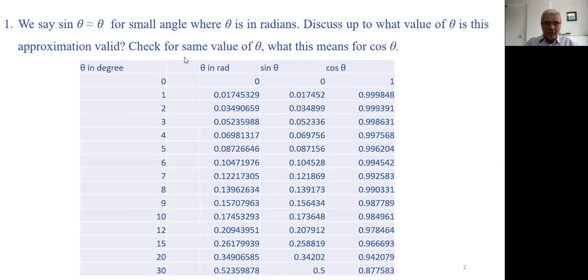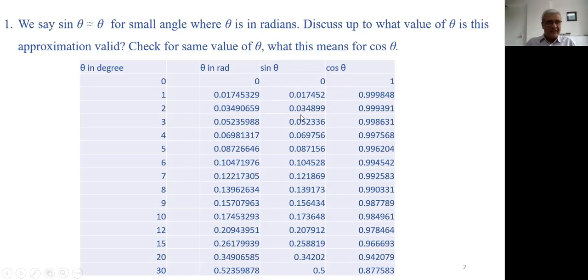So if you look at even 1 degree, the first 4 digits are the same. The fifth digit starts differing, up to 0.0174. They are same whether it is sine theta or theta, but the fifth digit definitely is different.